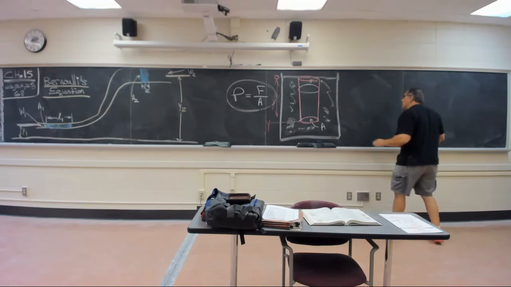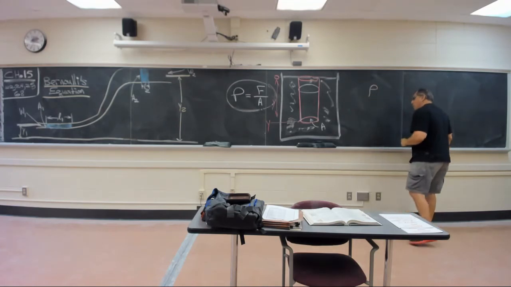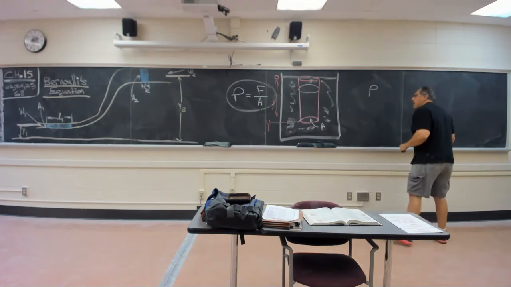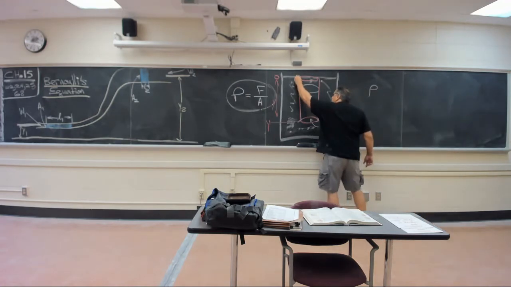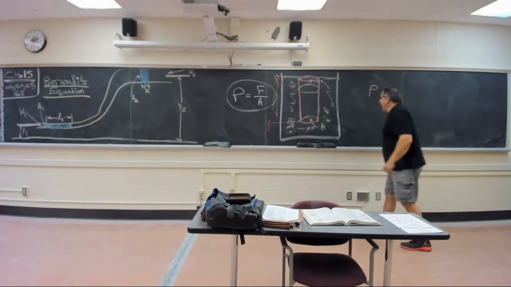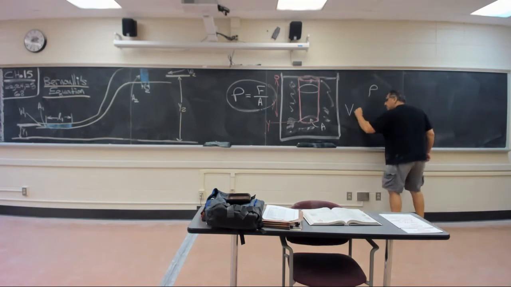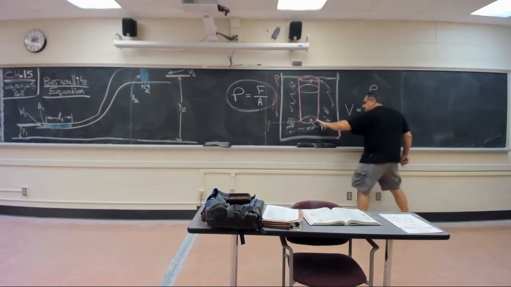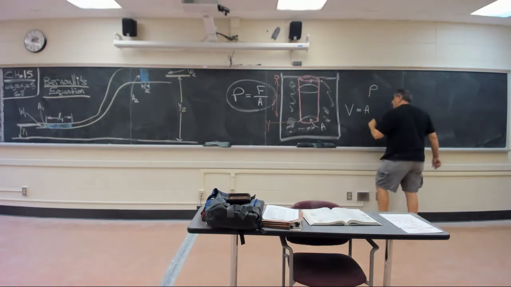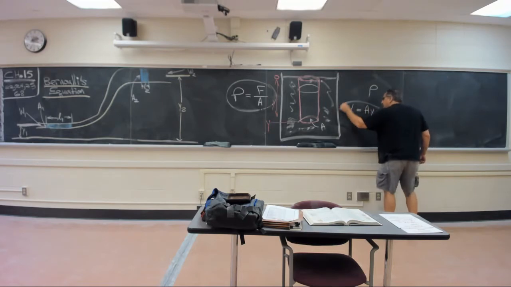Well, the fluid itself has a density rho. The brand new cylinder here that I've drawn has a volume of this base area moved through a distance y, A times y, or A times the height h, whatever. That's the volume.